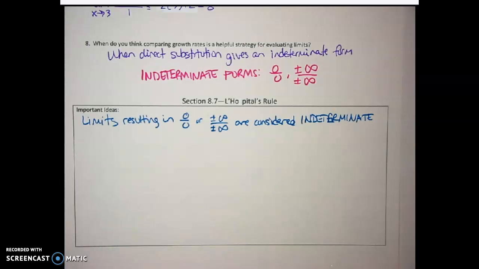First of all, this only works basically when you are dealing with a rational function. Limits resulting in 0 over 0 or plus or minus infinity over plus or minus infinity are considered indeterminate.